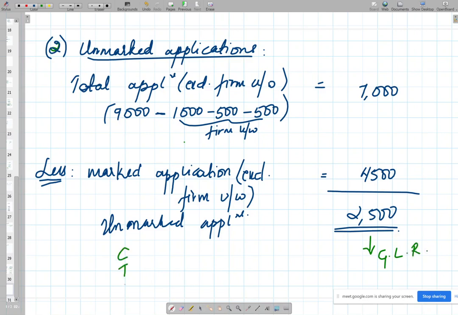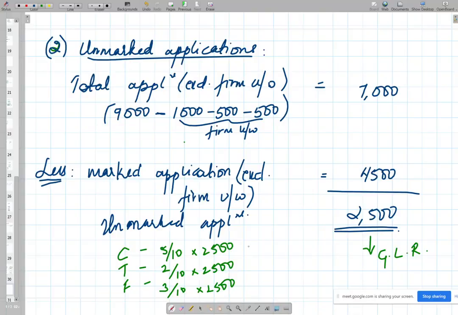So C, T, F, their ratios are 5:2:3, which means 5/10, 2/10, 3/10, which you have to calculate on the 2500.